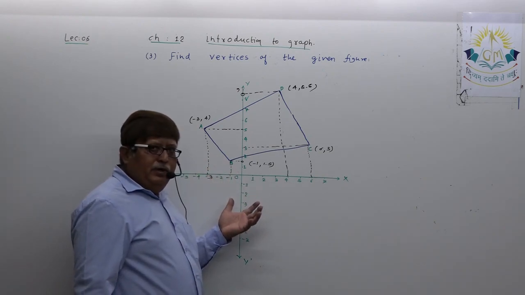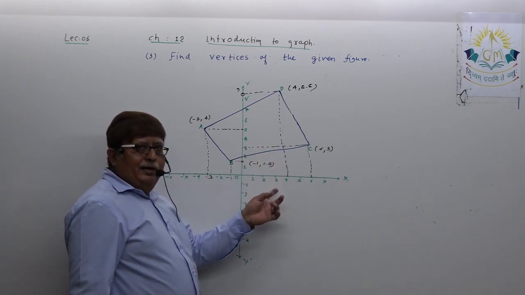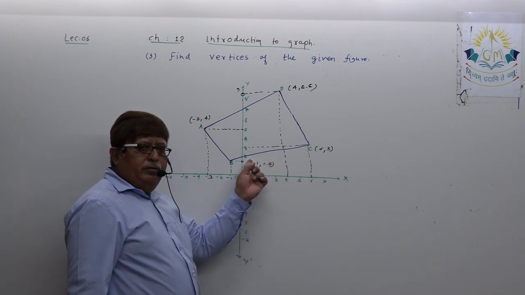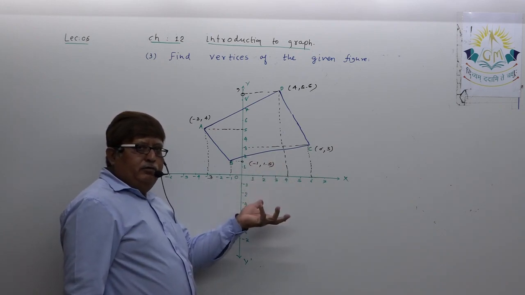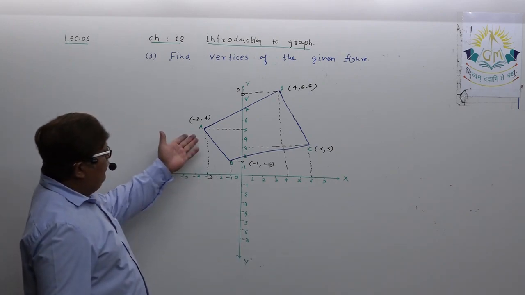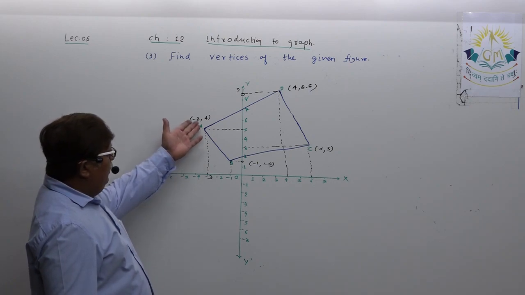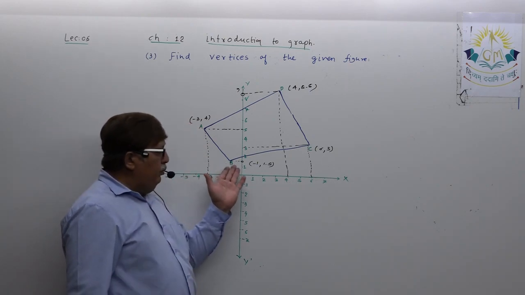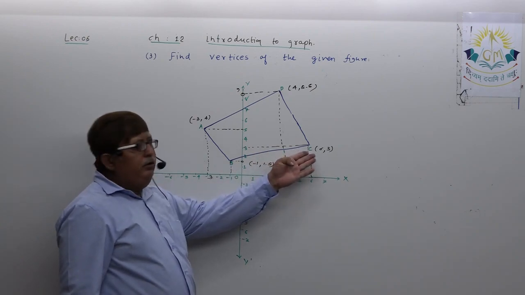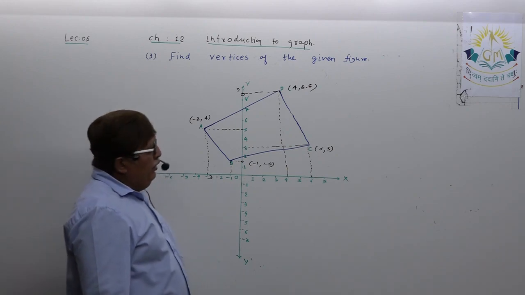Whenever you are given such a figure, you just have to draw two dotted lines, one to meet the x-axis and one to meet the y-axis to guess the vertices. Here you will write the final answer. Vertices of the given figure are A -3, 4, B -1, 1.5, C 6, 3, and D 4, 8.5.